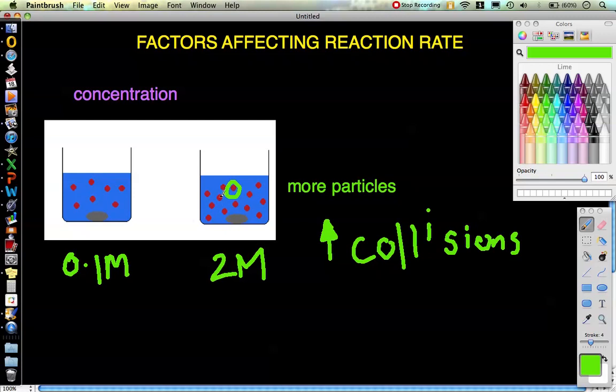So that's the first relationship for today. An increase in concentration will cause an increase in reaction rate. So that can probably just be represented by increase in C equals an increase in reaction rate. So that's the first one that we need to look at.